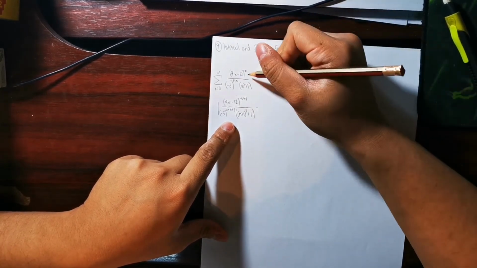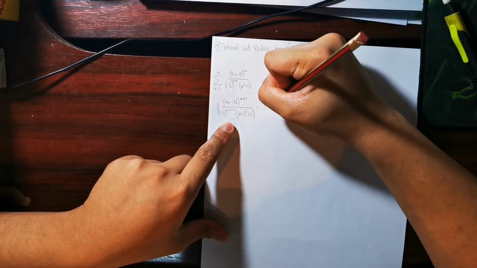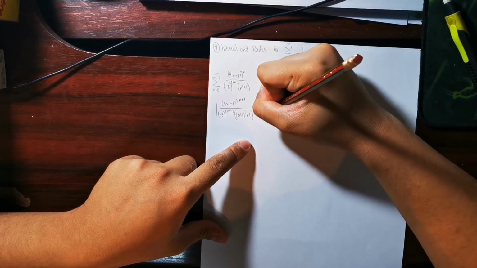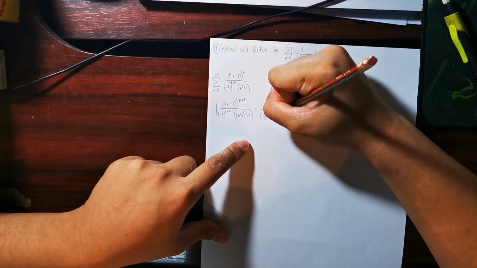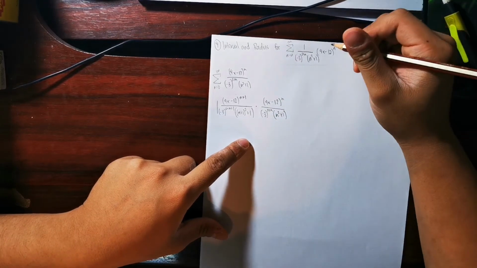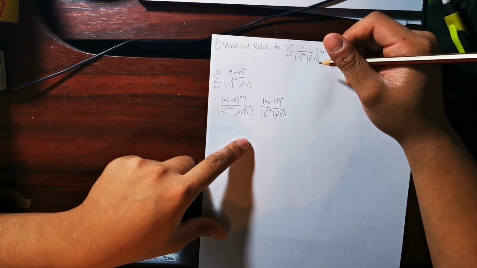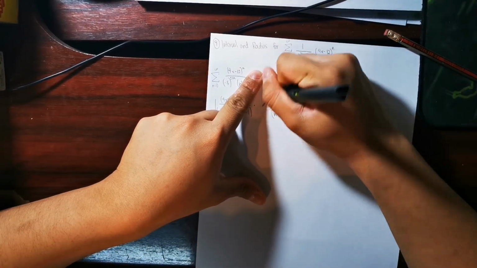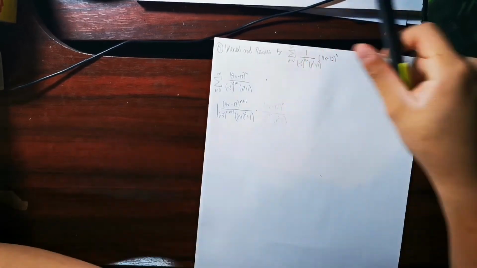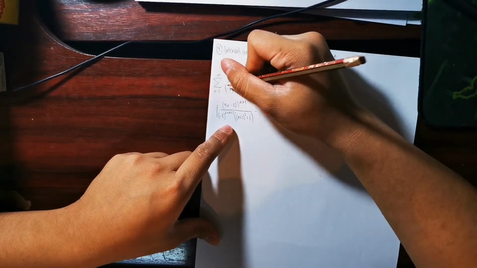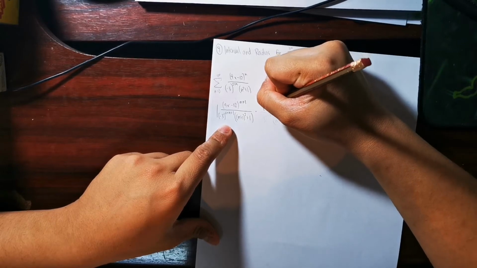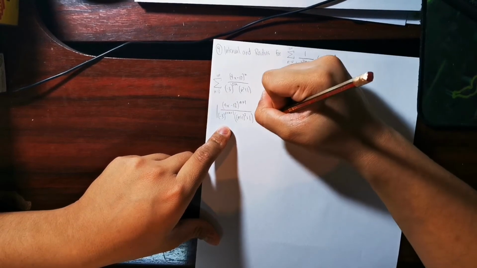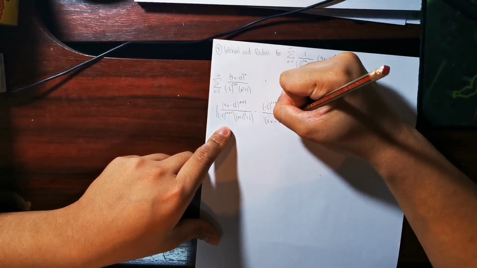So we have 4x minus 12 raised to n over negative 3 raised to 2 plus n, over n squared plus 1. We get the reciprocal of this value. So for our numerator, we will have negative 3 raised to 2 plus n, times n squared plus 1, over 4x minus 12 raised to n.